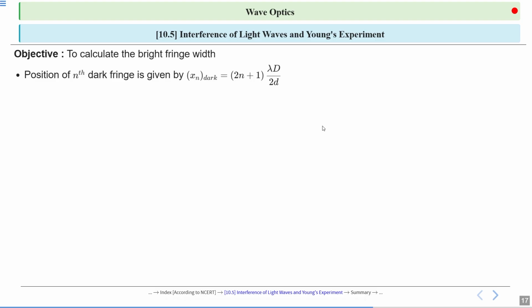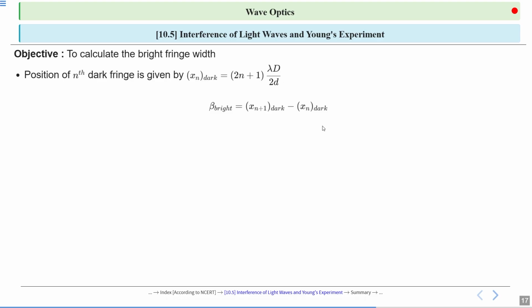So let's start by looking at the position of the nth dark fringe. It is given by the formula xn dark equal to (2n plus 1) lambda D upon 2d. So what is the fringe width of the bright fringe? We want to calculate the bright fringe width, denoted by beta bright.